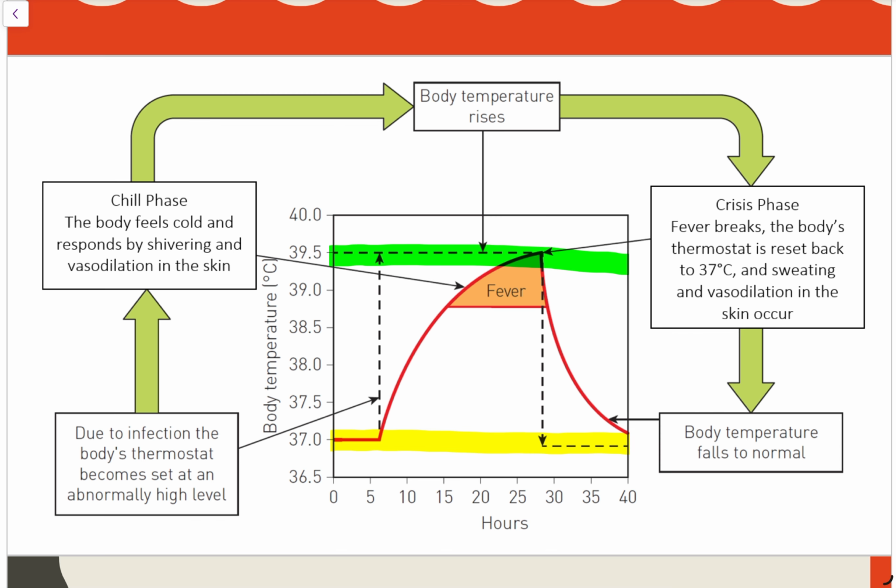This is going to take place following the destruction of all of these nasty pathogens within the body. And when the body's thermostat is reset back down to 37, we suddenly feel really, really hot. And so the body will go through a process of sweating and vasodilation in order to bring our body temperature back down towards that yellow line at 37 degrees or so.